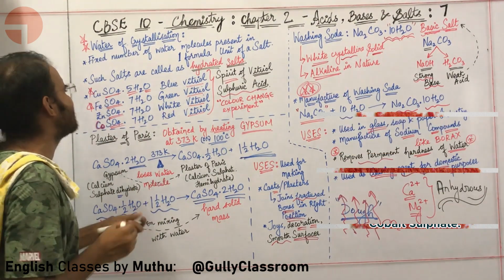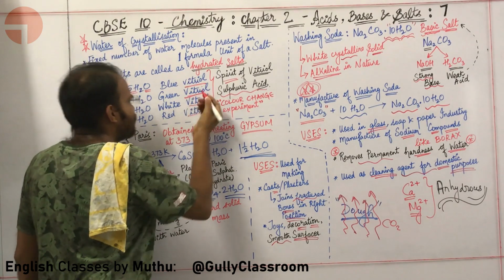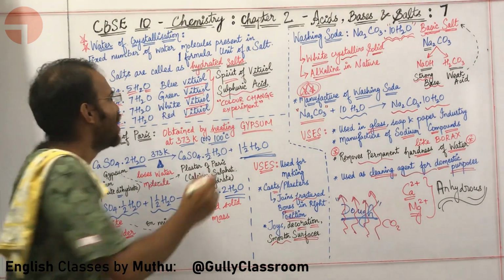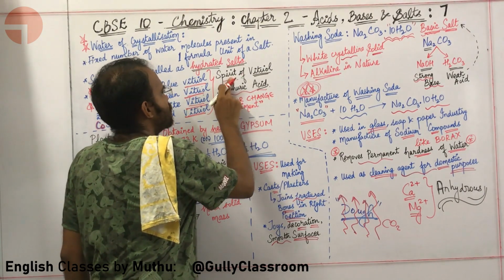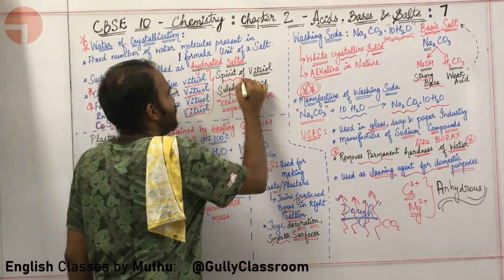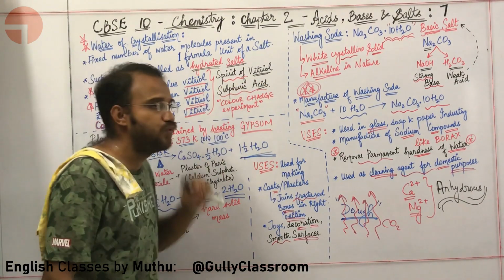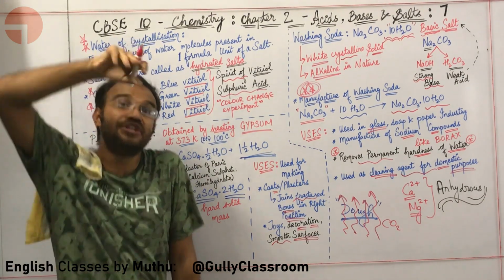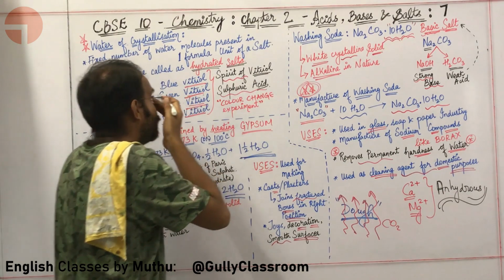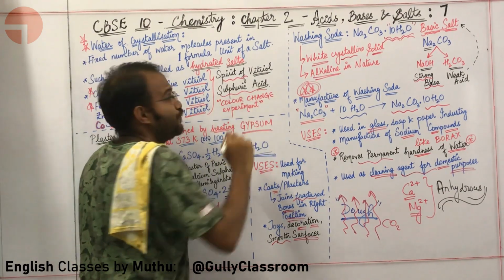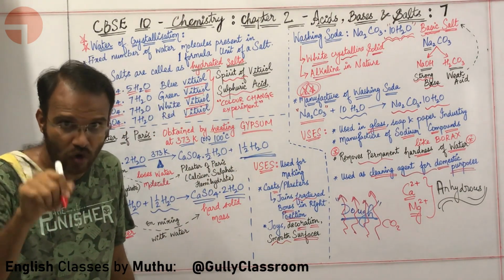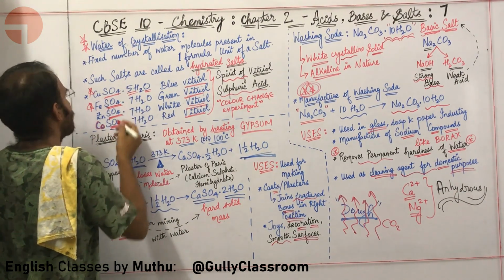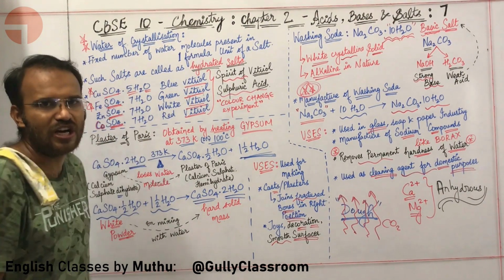Sir, in each and every name, vitriol is repeated. What is vitriol? Oil of vitriol or spirit of vitriol is the very old name for sulfuric acid. Here, from sulfuric acid H2SO4, we are getting the SO4 component of the salts.